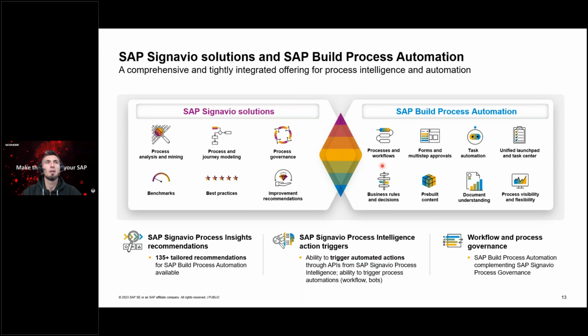And that's how well SAP Signavio and process automation play together. And of course, we can also help you setting up Signavio and running the analysis, and then we can check together which are the process automations that are best for you, and can help you implementing those.